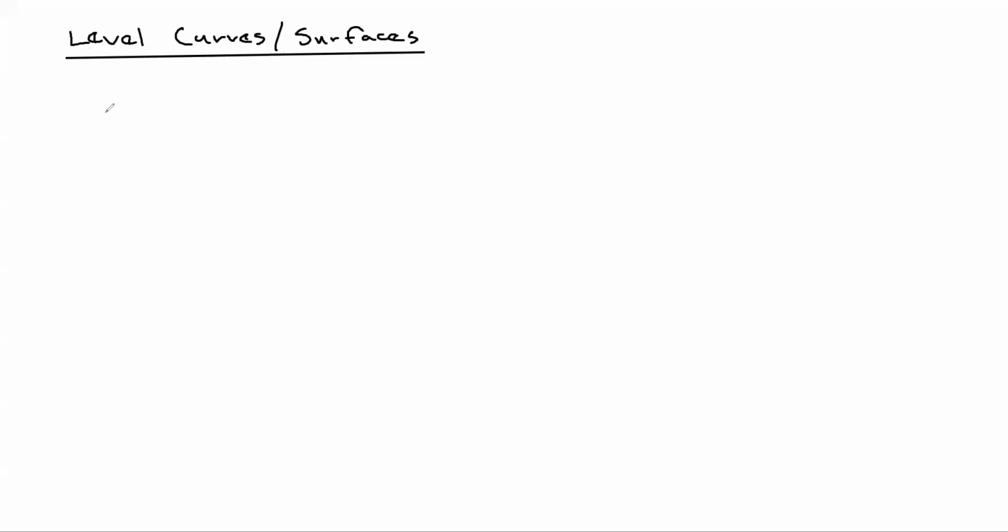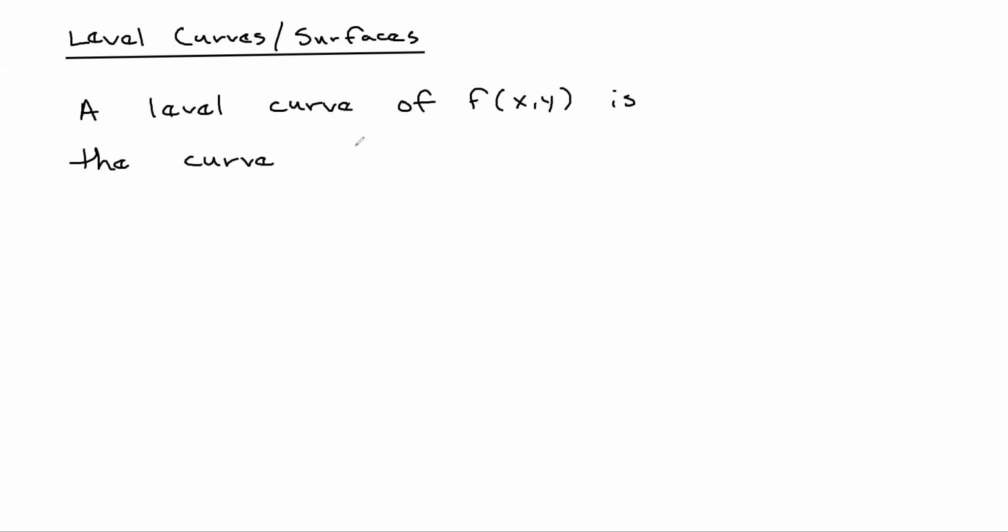All right, so this is just a definition. A level curve for f of x, y is the curve where f of x, y equals k for a constant k.